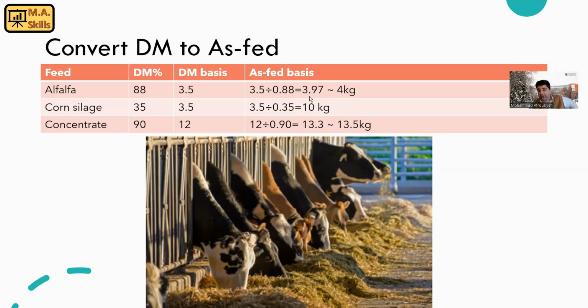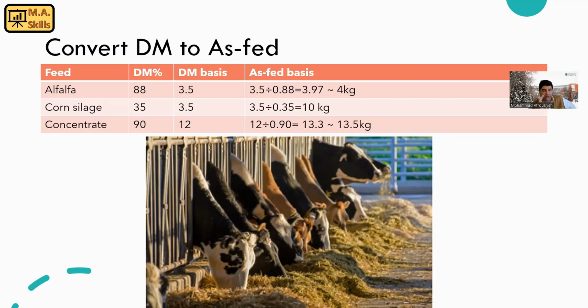So in reality, based on as fed, I need to feed 10 kilos corn silage per day, because it has only 35% dry matter, which is going to provide energy, protein, nutrients, minerals, and 65% is just water. It's just moisture.